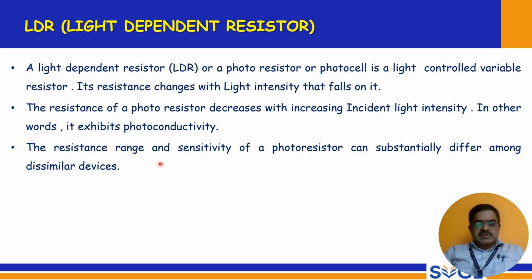The resistance range and the sensitivity of a photoresistor can substantially differ among dissimilar devices. That is, depending on the device or the materials used in manufacturing, it also plays a major role here.